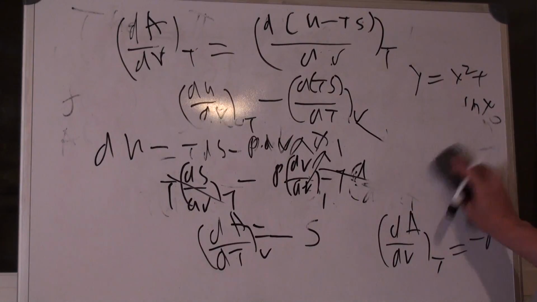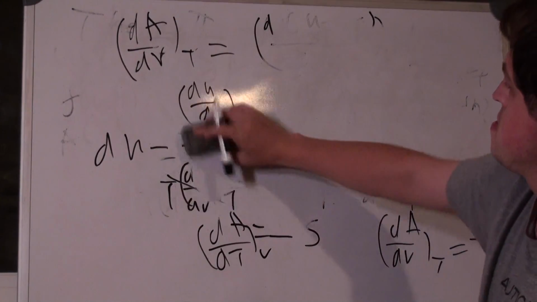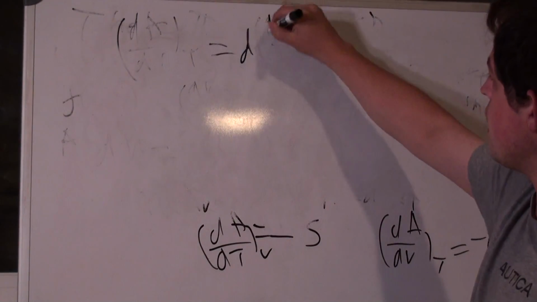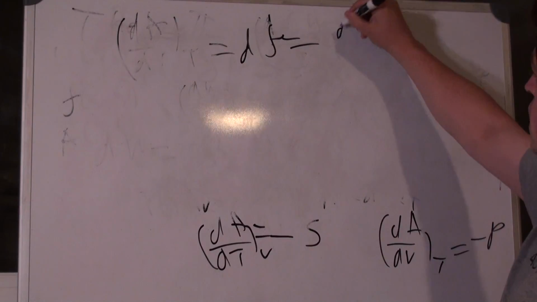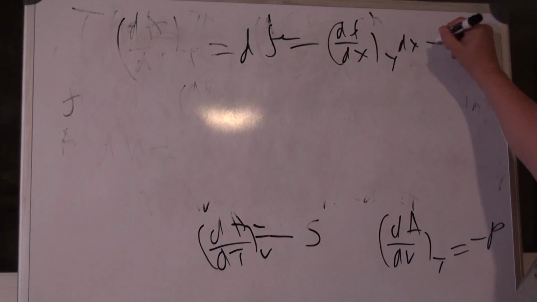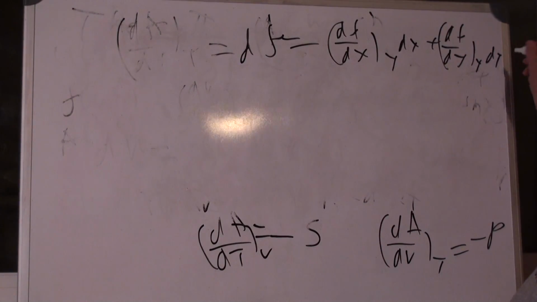So going back to our original total differential, it said that df is equal to df/dx at constant y dx plus df/dy at constant x dy.